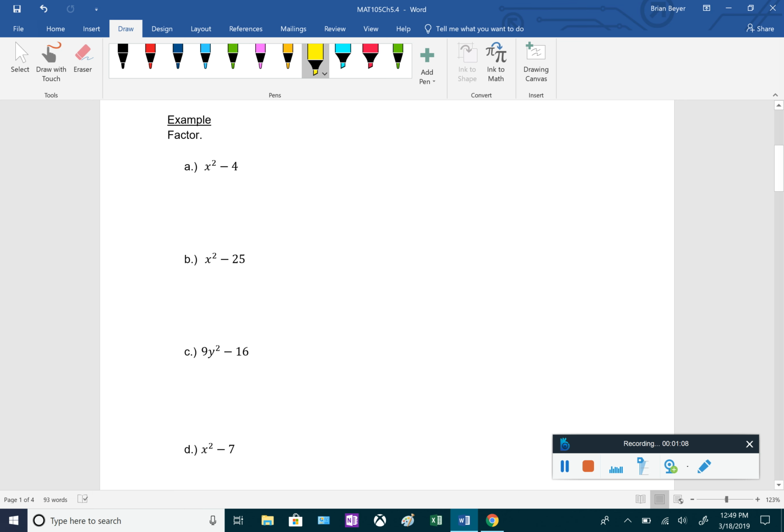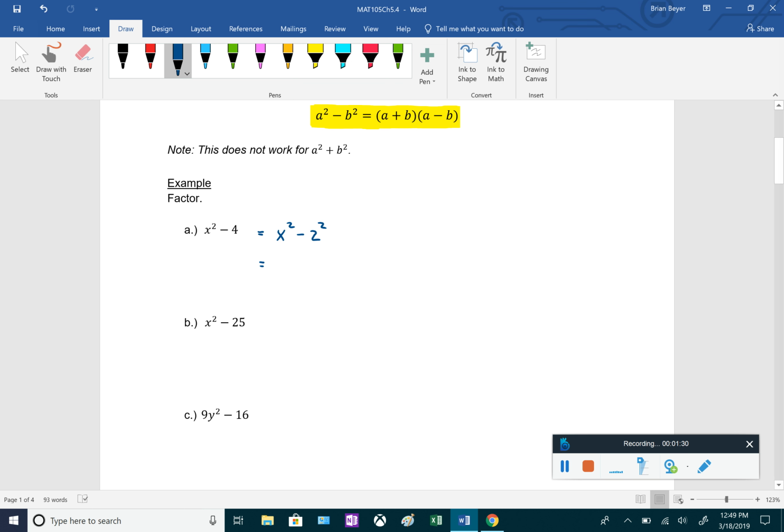So for example, let's factor x squared minus 4. We're going to recognize that this is a difference of two squares. It's subtraction, so difference. It's x squared. The second term is 4, which is 2 squared. So it's x squared minus 2 squared.